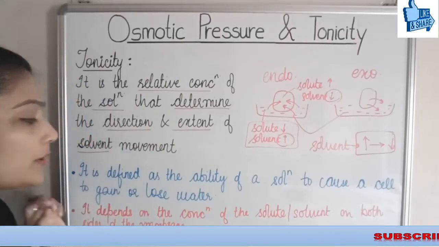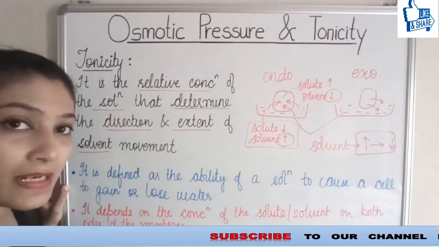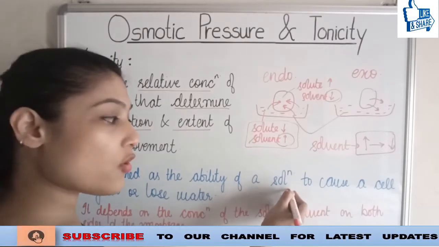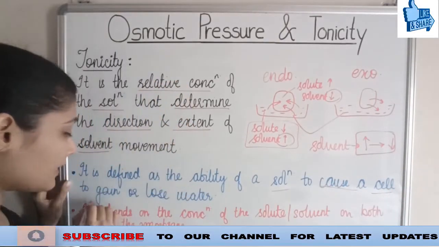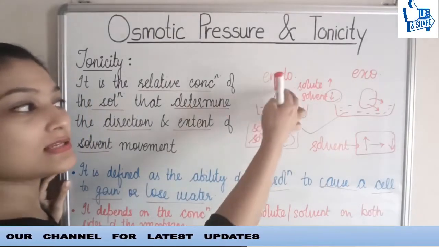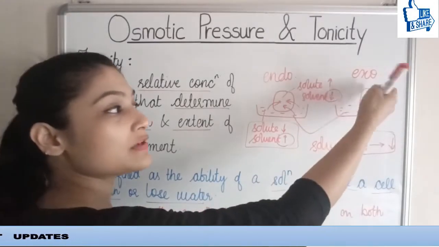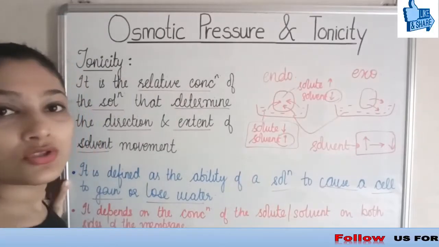Clear? The next point which I have written here is that it is defined as the ability. Another easy definition: it is defined as the ability of a solution to cause a cell to gain or lose water. Of course, if my cell is gaining water, then it is a case of endoosmosis, and if it is losing water or solvent, it is exoosmosis.